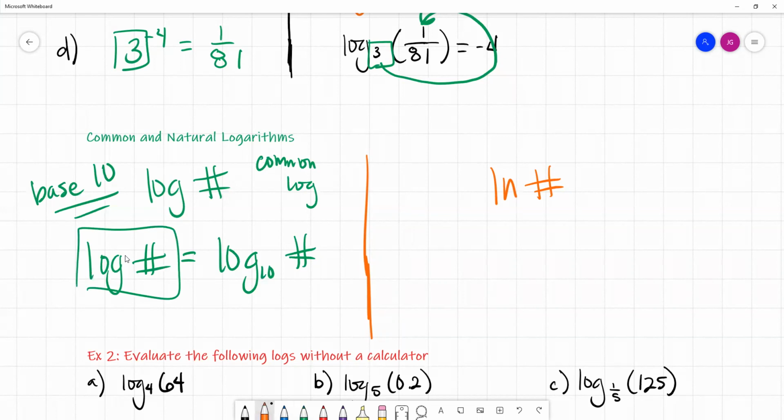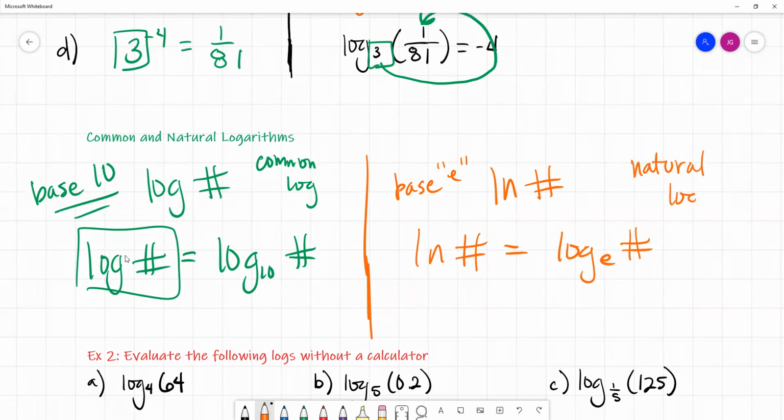Now for the ln, this one is base e. You remember e from section 7.2, that number e? Whenever I see natural log of a number, that means it's log base e of that number. It's called the natural log. Remember, another name for e was the natural base, so now you see why it's called the natural log, because it's base e.